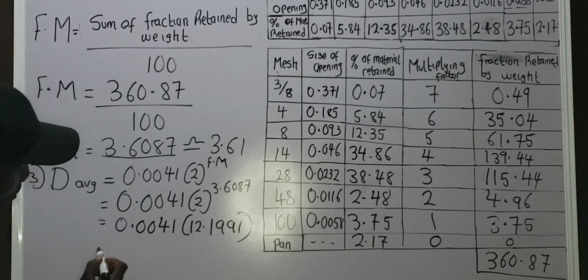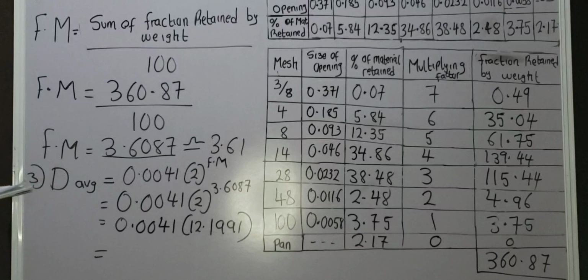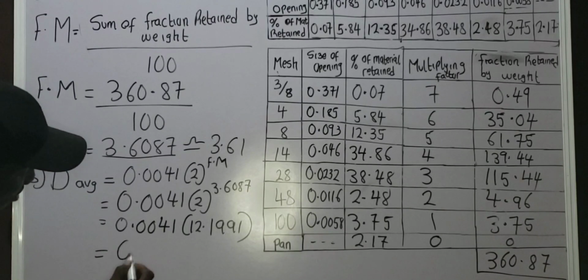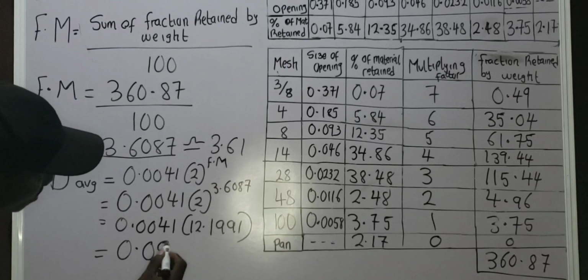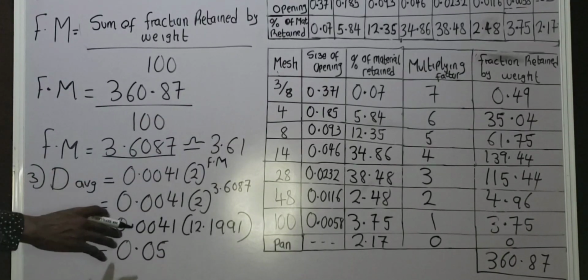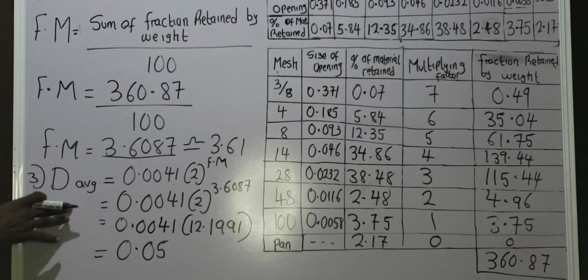That is 0.0500. You can just leave your answer like this, okay? So the average size of ground material is 0.05.